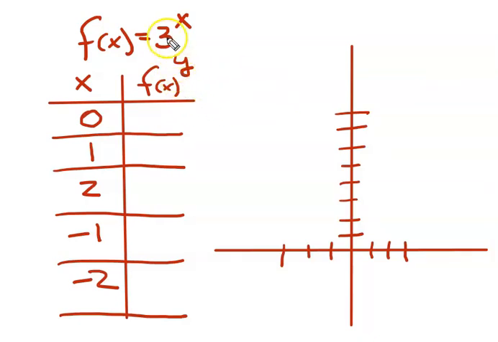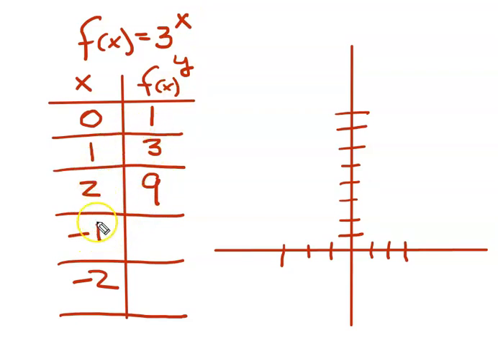Now, if our base is 3 and x is 0, 3 to the 0 power, or anything to the 0 power, is 1. If our exponent is 1, 3 to the first power is 3. For our x value of 2, that would be 3 to the second power, which is 9.